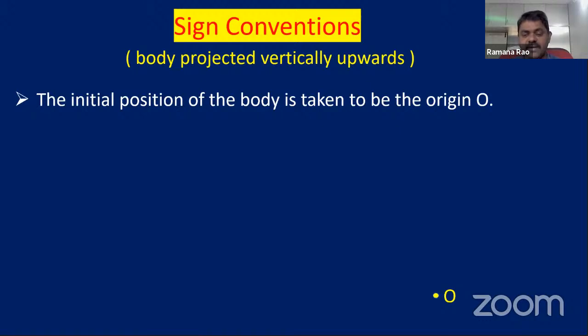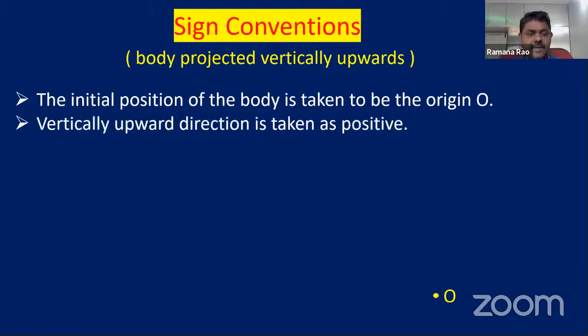This is the point considered to be the origin from where we are projecting the body vertically upwards. O is the initial position, and vertically upward direction is taken as positive. You can see upward direction is positive here.